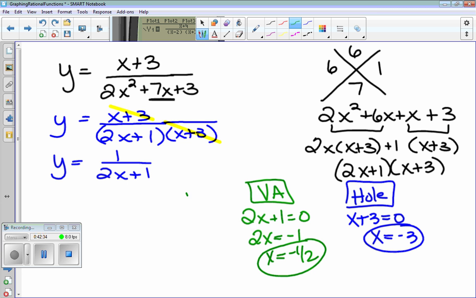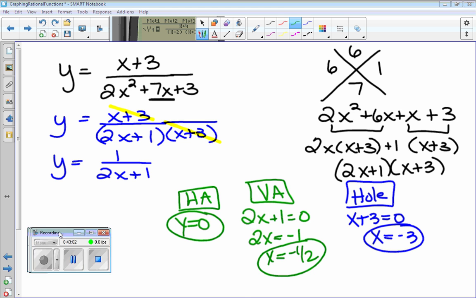All right, how about horizontal asymptotes? Are there any? How do I check? Degree. So the degree of the top, highest power is 1. Highest power of the bottom is 2. What's a horizontal asymptote? All the ones we've looked at today are 0. They're not always 0. So I'll show you one that wouldn't be.